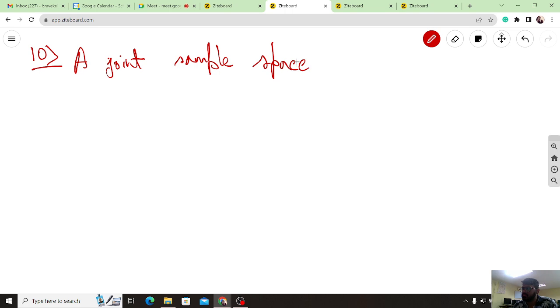Okay, the last question of today's session. This says a joint sample space for two different random variables that are y and z has four elements.